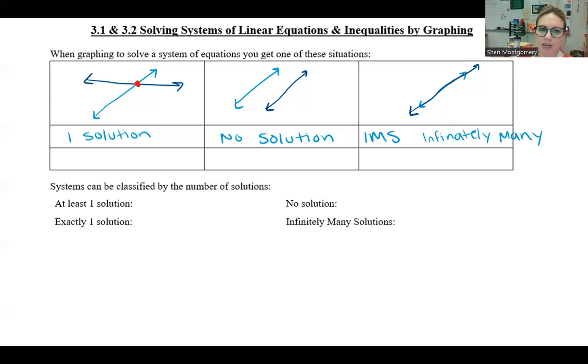And the reason that these things happen, so the reason that you don't get a solution for the middle one is because you have the same slope. And when you have the same slope, it means your lines are parallel. And they never cross, they never intersect. For the first column, you have different slopes, you have different lines.